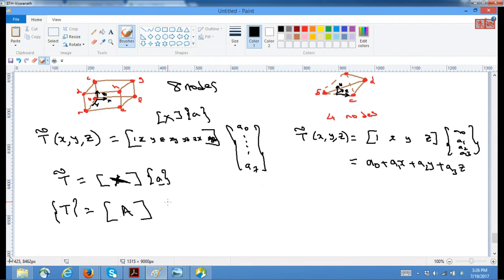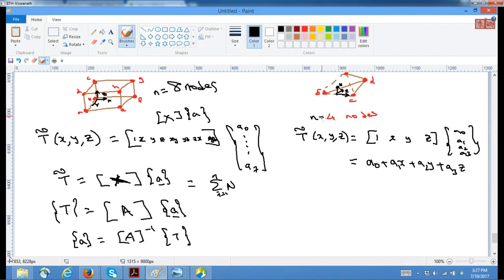Then this will become A, and this will become A. So again, A is given as A inverse T, but it can also be written as the sum of N_i T_i, i from 1 to N. So here N is equal to 8.